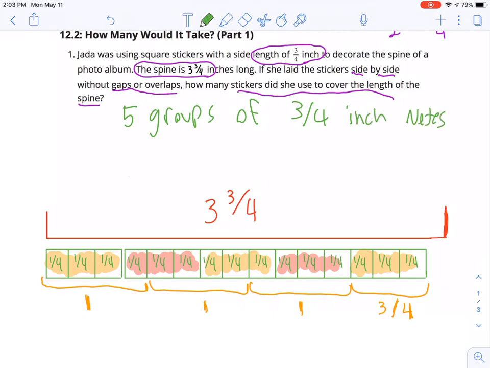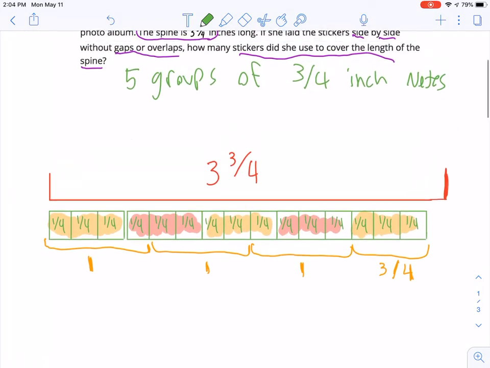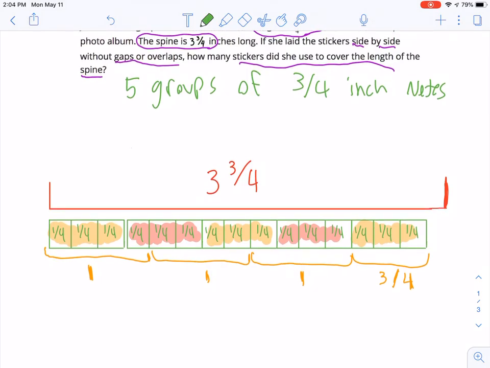Okay, now can we make this easier? Well, we drew our diagram, right? But maybe you want to use the algorithm to speed up the process a little bit, okay? So how might we do this? Well, we understand that the spine right here is 3 3/4 of an inch, okay?